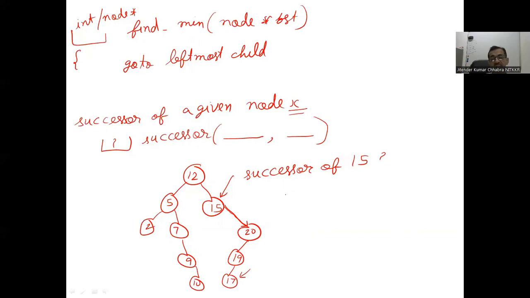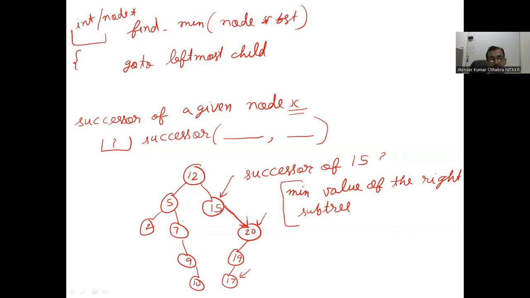So effectively I can say the minimum value of the right subtree will be the successor. That becomes a good way to find it. So if I'm talking of 15, the right subtree is starting with 20, the minimum of that is 17.